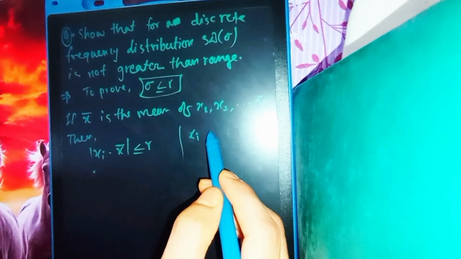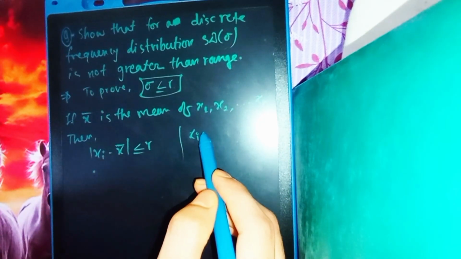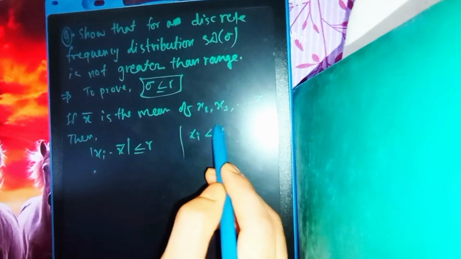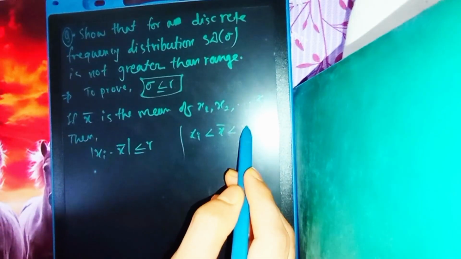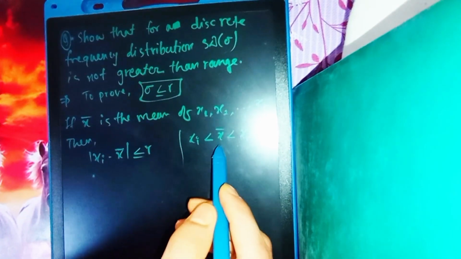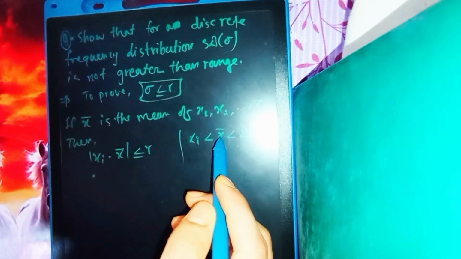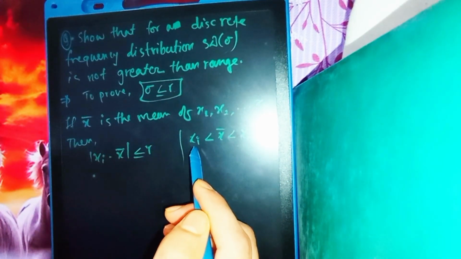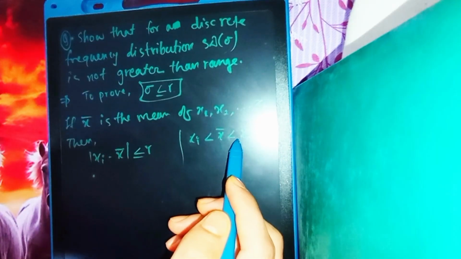So xi should be less than the average, and the average should be less than xn. I assume that you know this reason, because the average lies in the middle. The average is greater than the initial value and less than the final value.